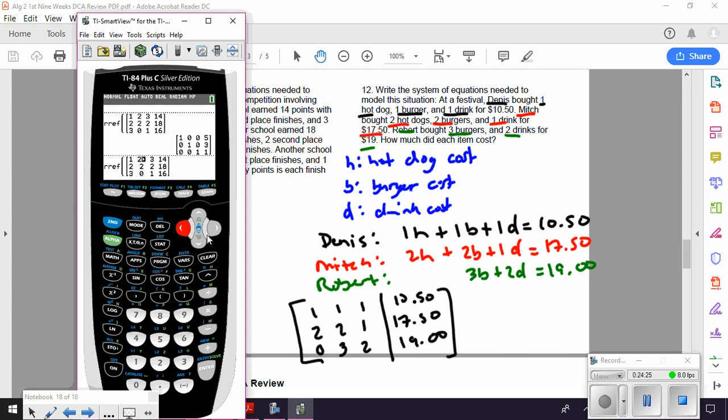All right, that first one can stay. This becomes a 2, a 1, a 1. Then we need 10.50, 2, 2, 1, and then 17.50.